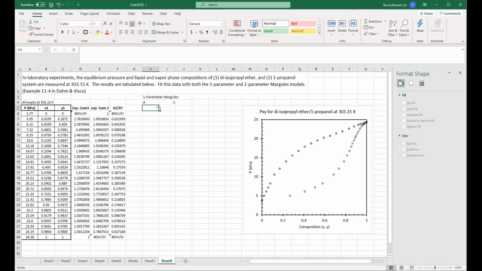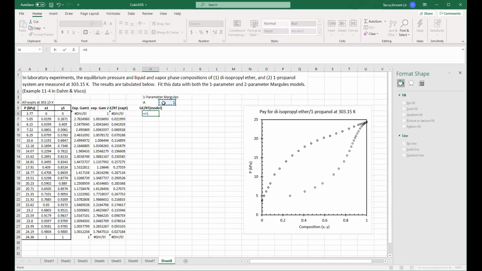So now I'm going to have a GE over RT explained by the model, which is the 1 parameter Margules, and I'm going to compare that with the GE over RT experimental. All right, GE over RT for the 1 parameter Margules is the parameter A times x1 times x2.